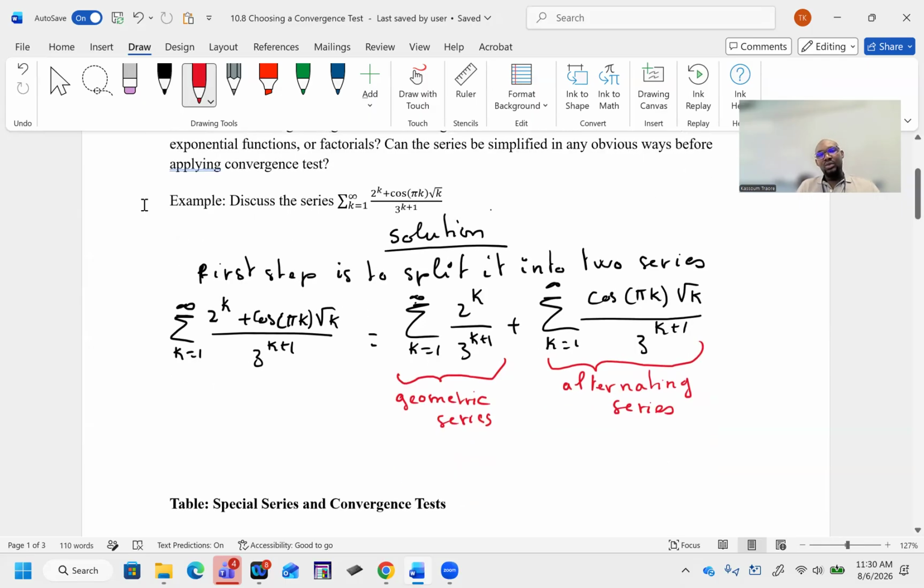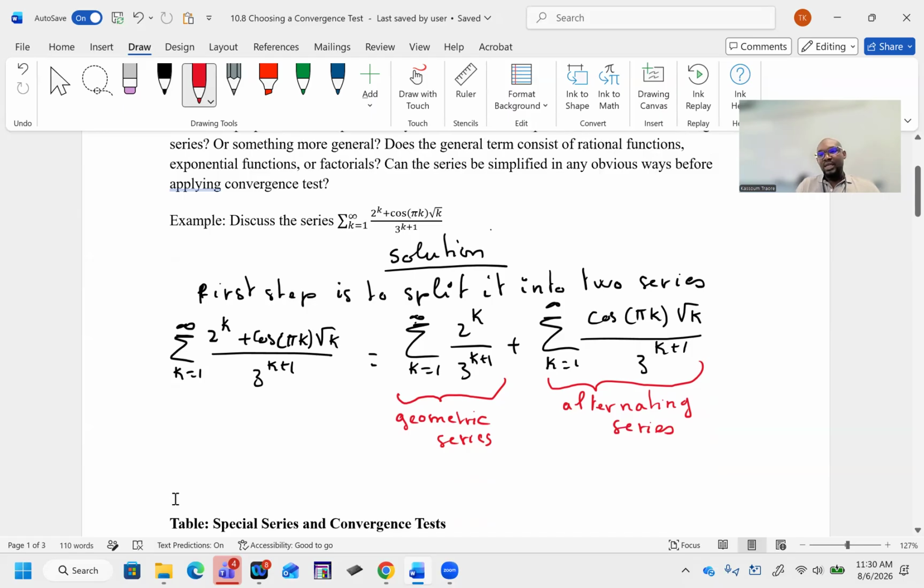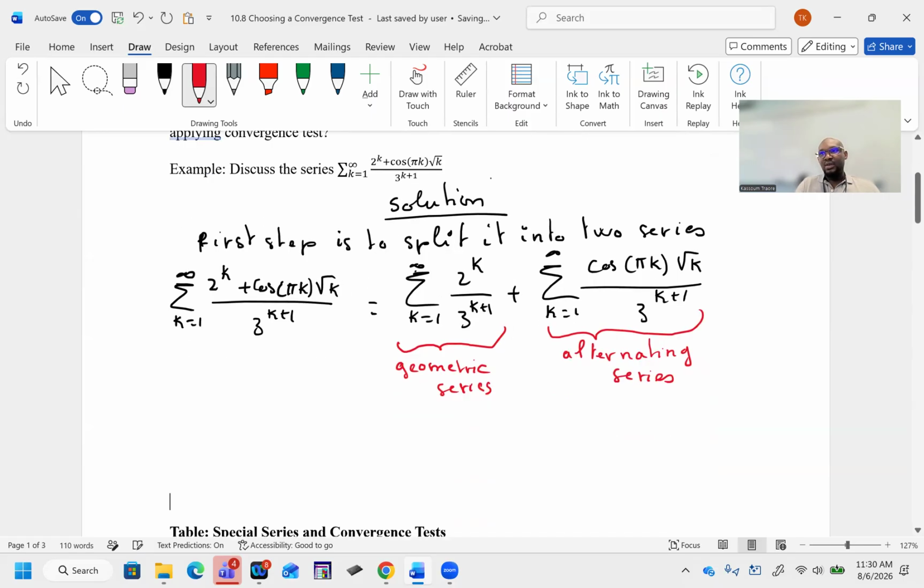But this series is convergent only when both converge.